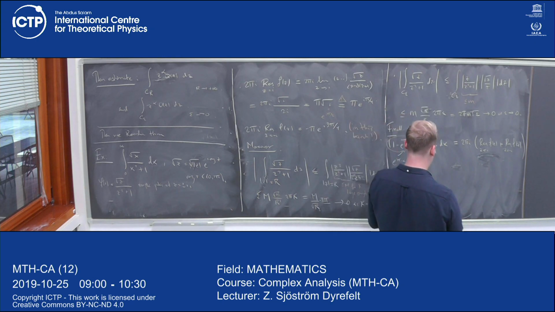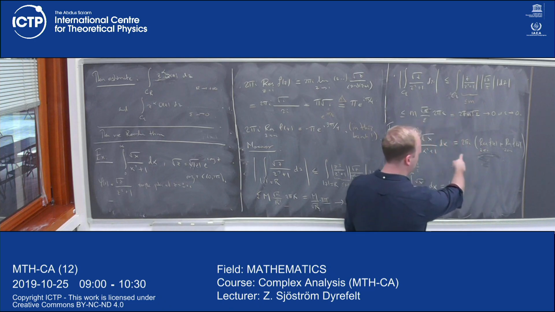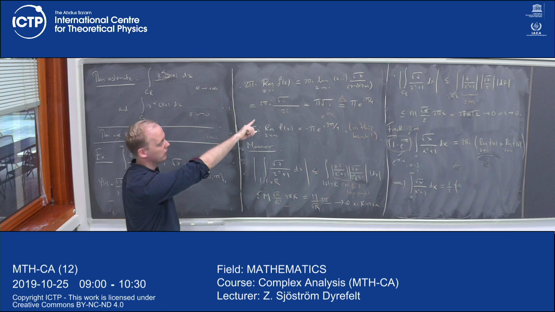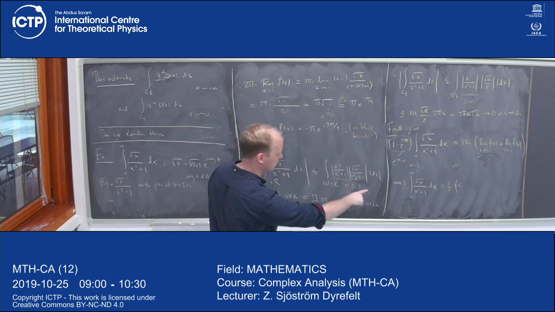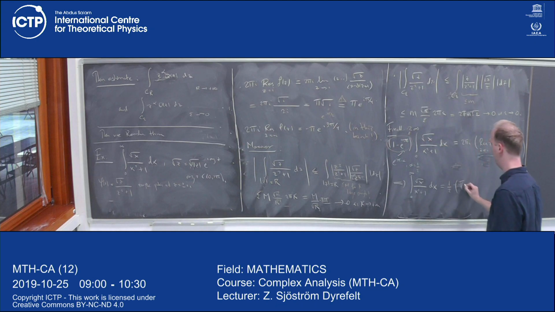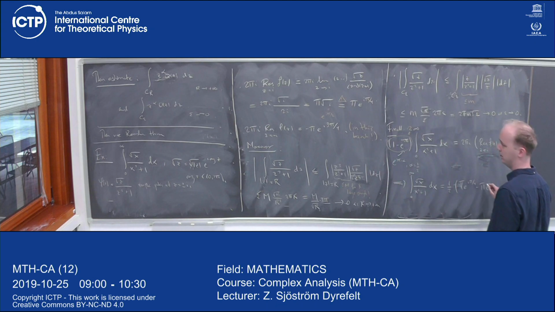So it gives that this integral is equal to 1/2 times, and then I have the 2 pi i times the residues already. So it's equal to this times, and then I have to sum, so pi e to the i pi over 4, and then minus pi e to the i 3 pi over 4.